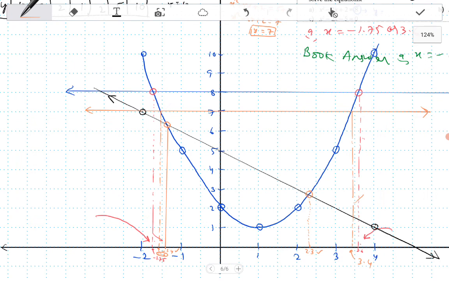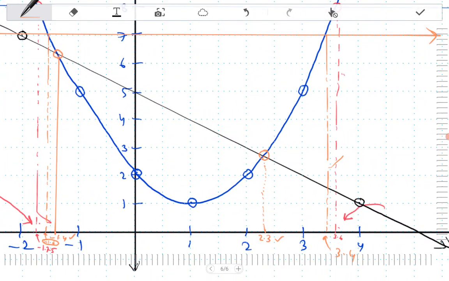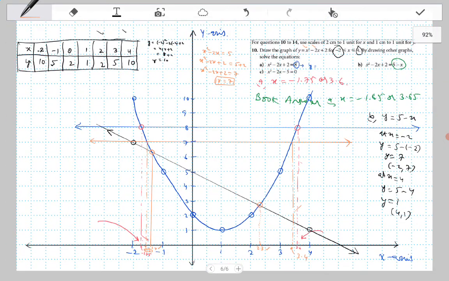Minus 1.6, and the other value that I have found here is 3.4. These are my answers for part C: minus 1.6 or 3.4.